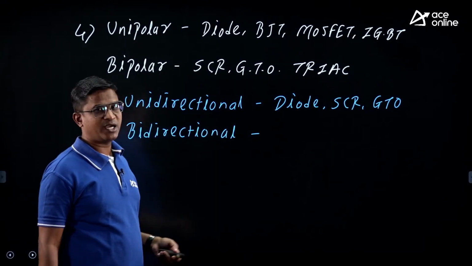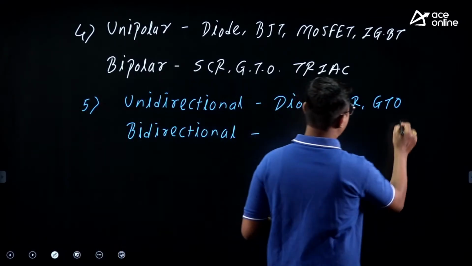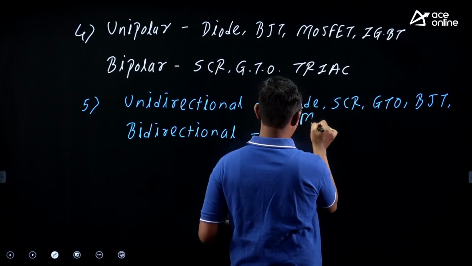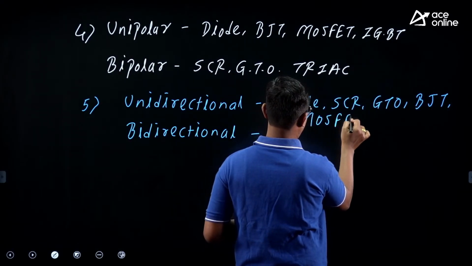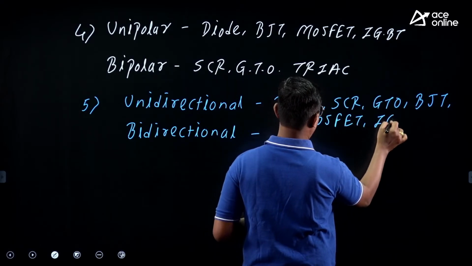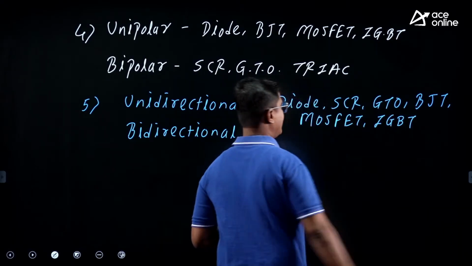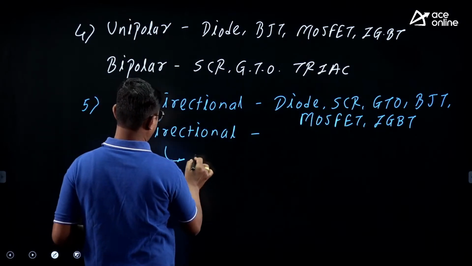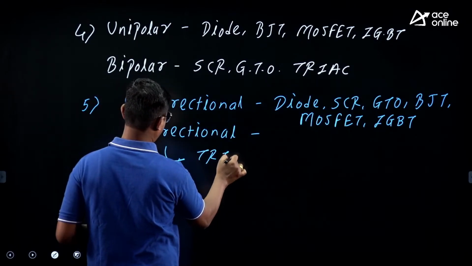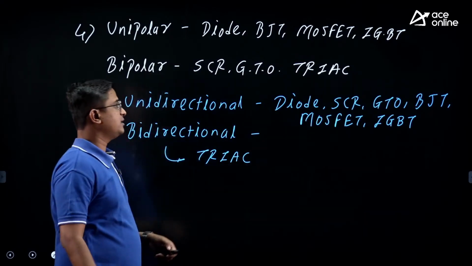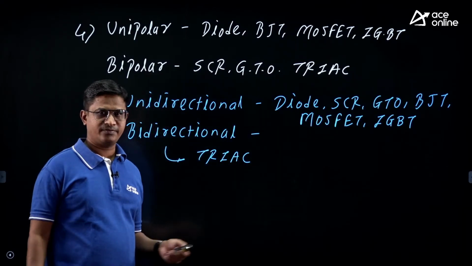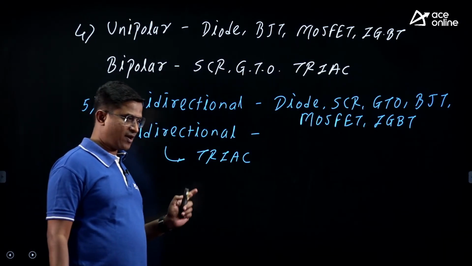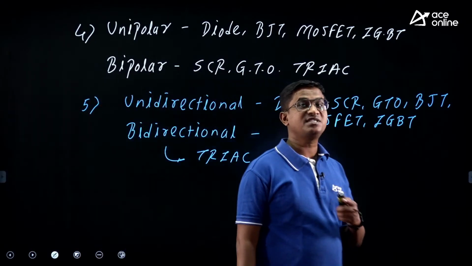Your transistor family devices, BJT, MOSFET, IGBT, all these are unidirectional devices. And bidirectional, TRIAC is a bidirectional device. All right. So please go through this. Sometimes they have asked questions based on this information.